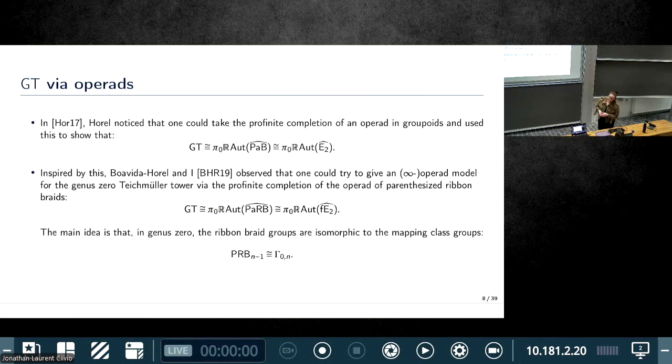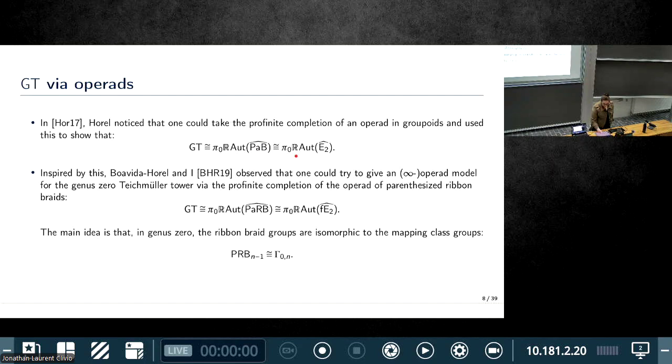Then Geoffroy Horel noticed that you could actually do the profinite completion of operadic groupoids, the construction I showed you yesterday, and use this to show that the profinite GT is equivalent to the homotopy automorphisms of the profinite completion of the operadic parenthesized braids.